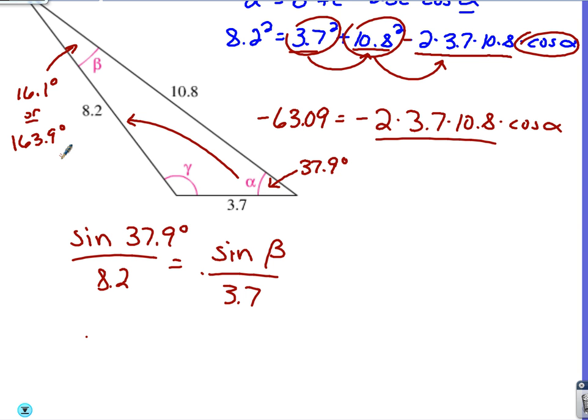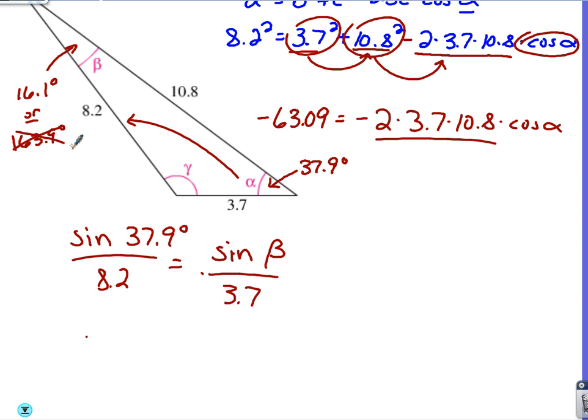And that's not going to work, right? Now you've got to be careful. What if it's not drawn to scale? But there are two reasons that we know this will not work, and I've explained both of them. Number one, 163.9 and 37.9 will not work together, right? That's already over 180.